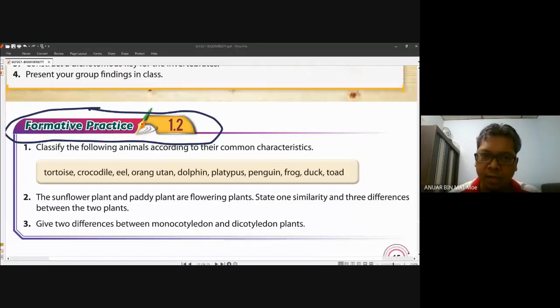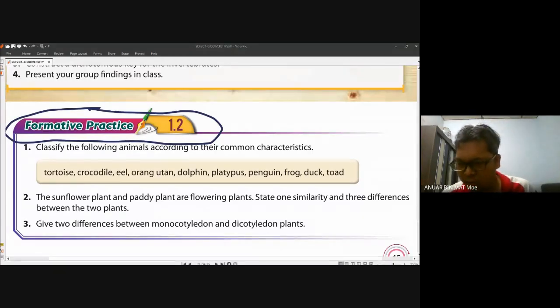Then we will start the next chapter next week, the second chapter of Science in Form 2. Any question you can ask me later.